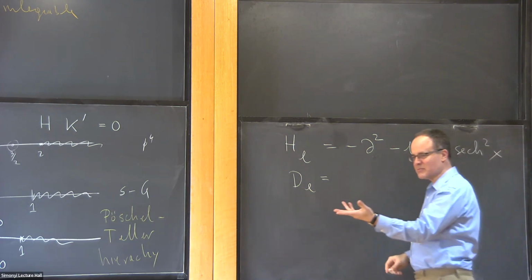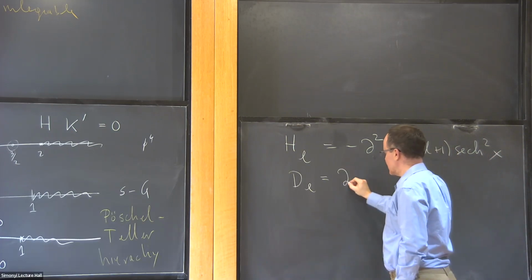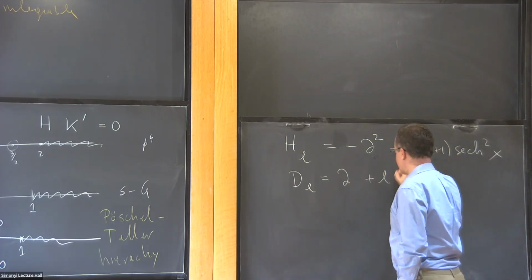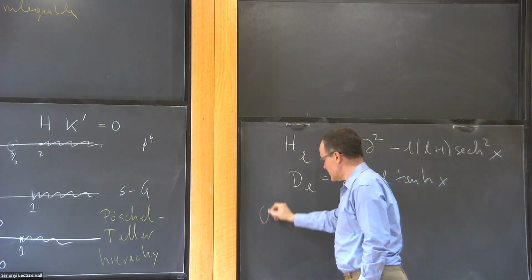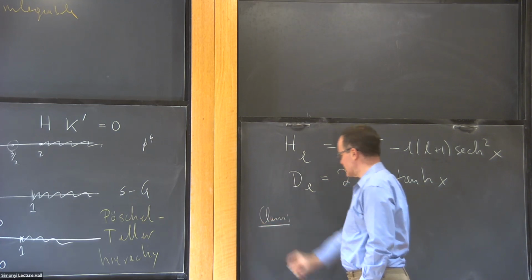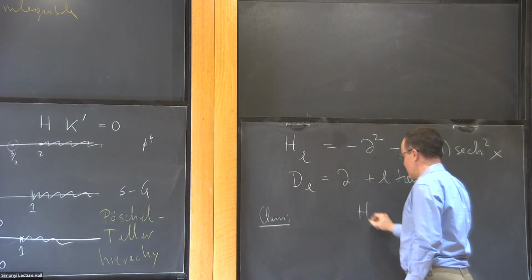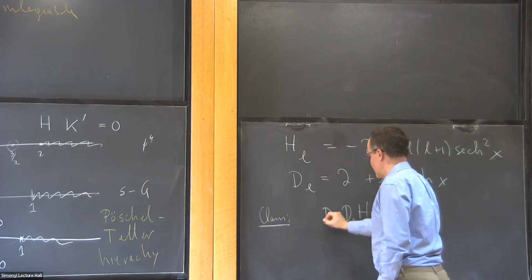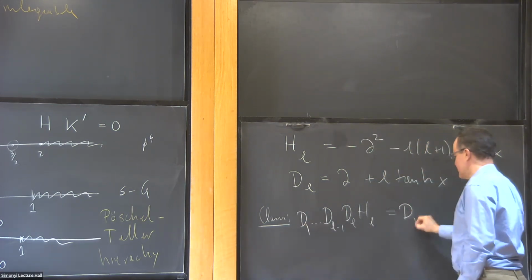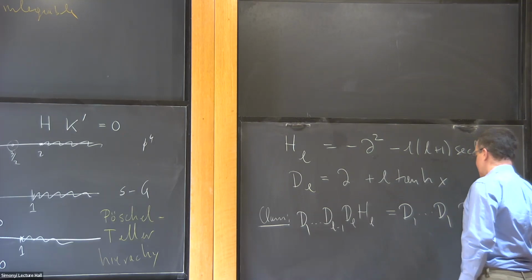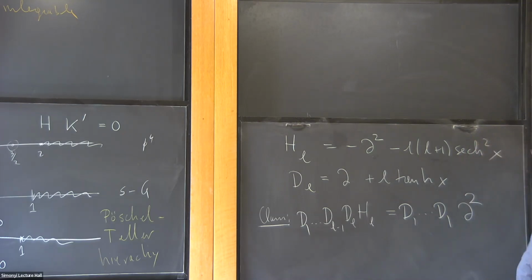That's an algebraic miracle. And DL is del x plus L tanh x. And then the claim, which you can try to verify, is that HL DL minus 1 through D1 equals D1 through DL, no potential.